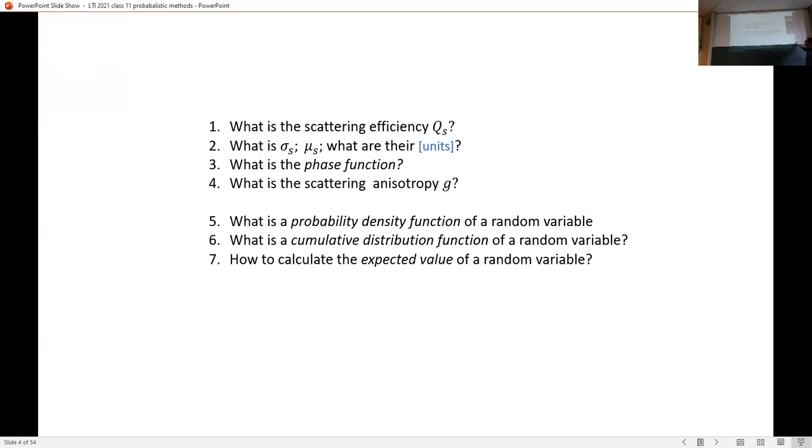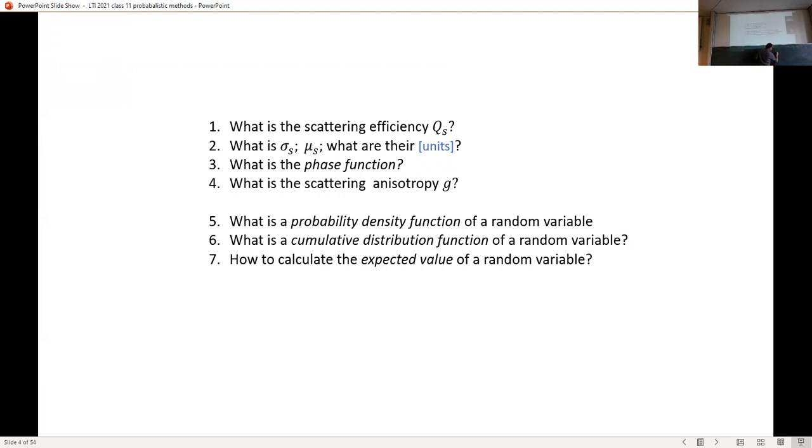Then for the scattering coefficient, so mu s, you also know that one. Yeah, go ahead. I think it's the sum of all these scattering cross sections divided by the volume in which the cross sections are. So the formal definition is the total scattering cross section.